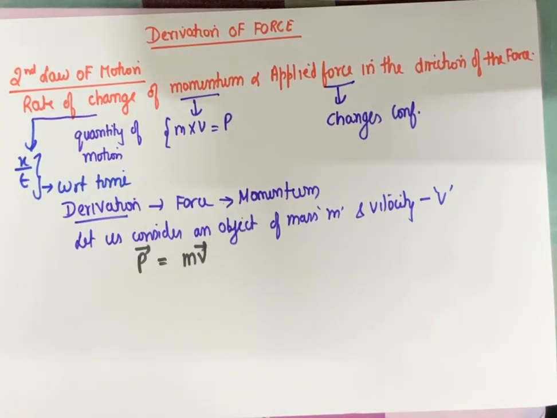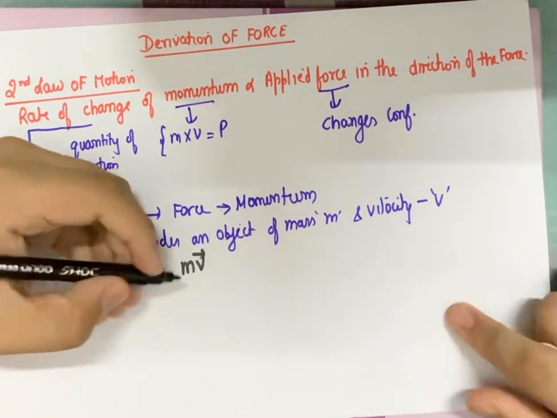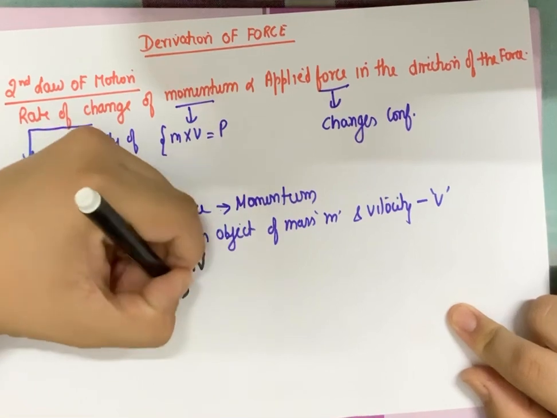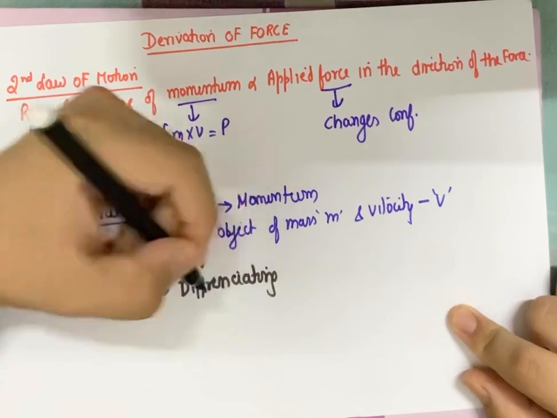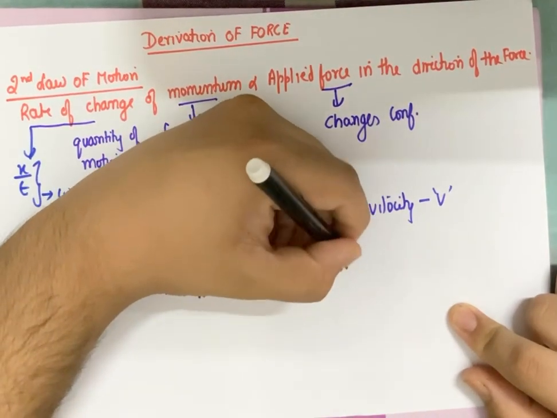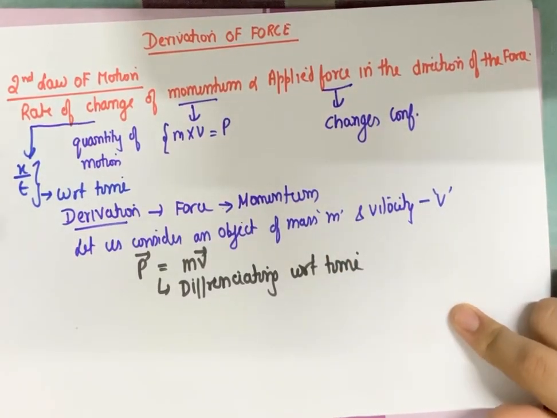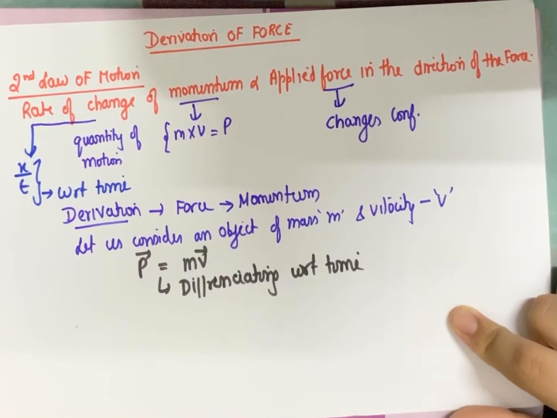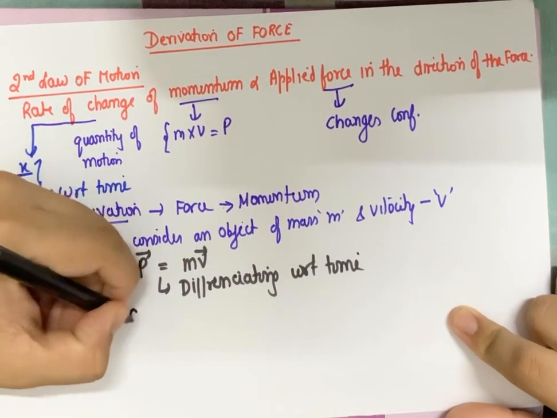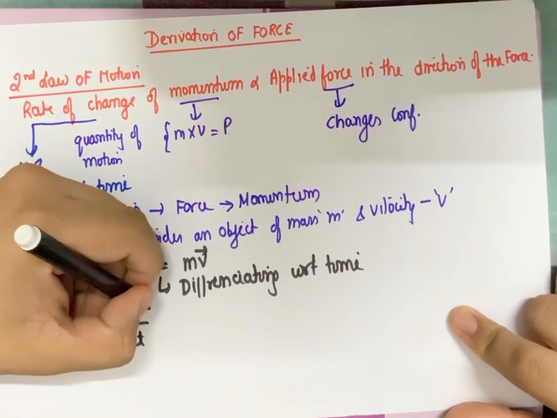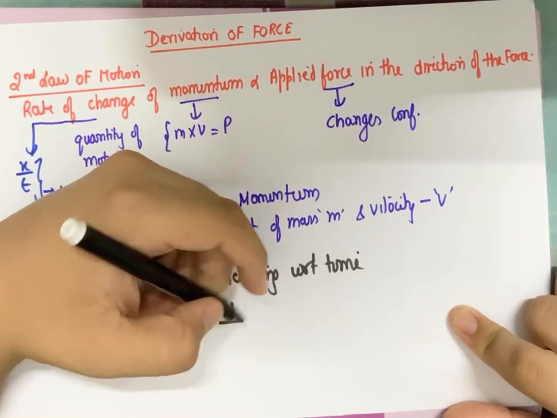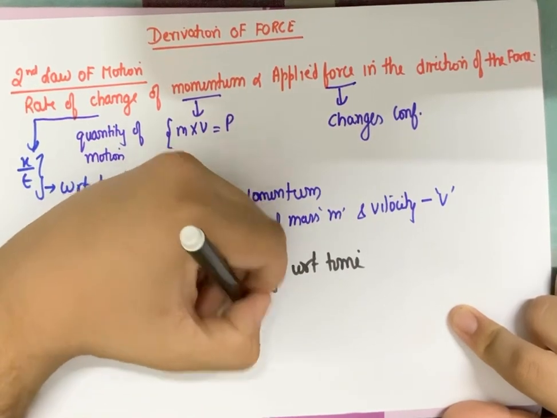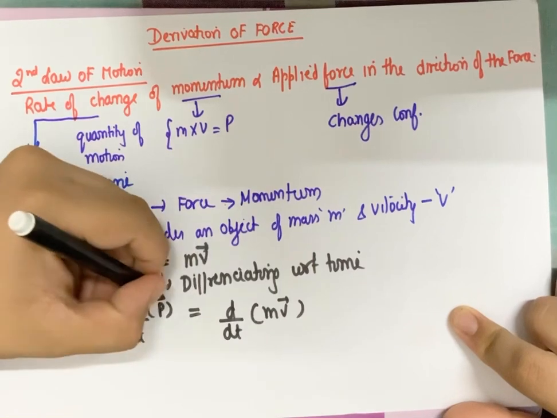Rate of change means dividing by time, which means we are differentiating with respect to time using differential calculus. So differentiation means d by dt of p is equal to d by dt of mv.